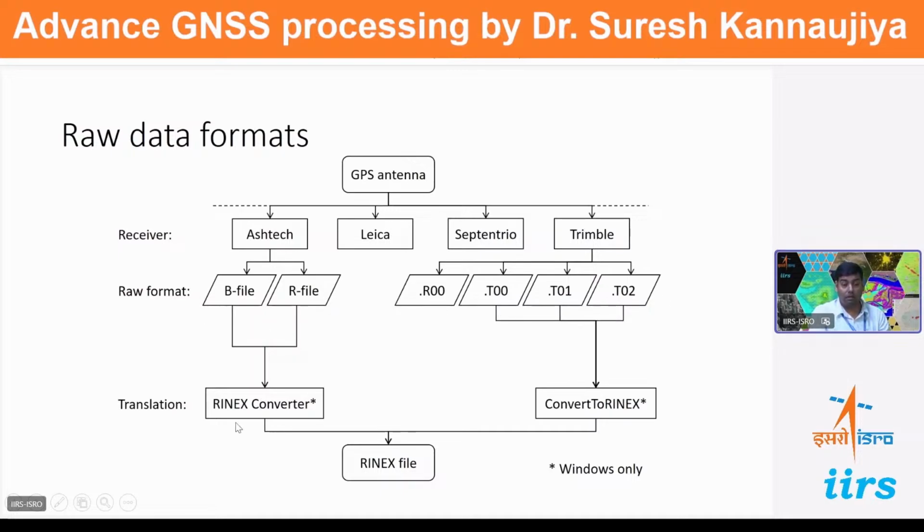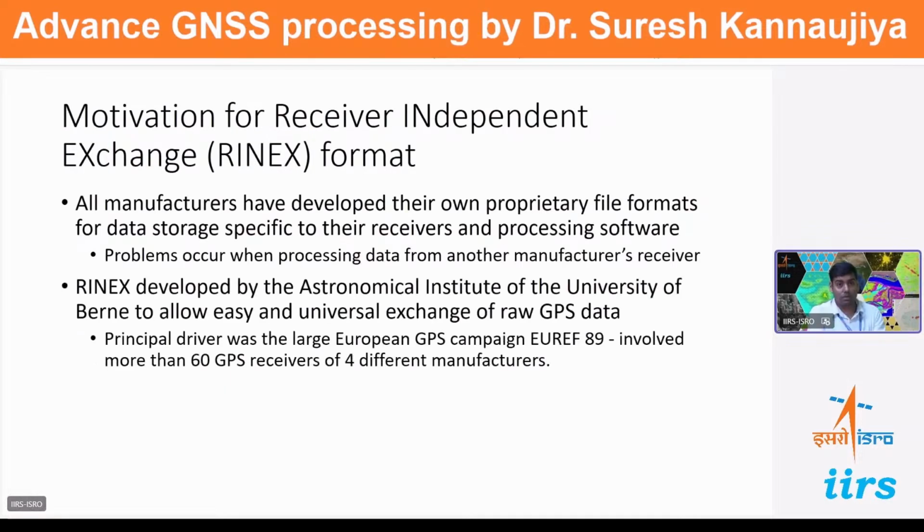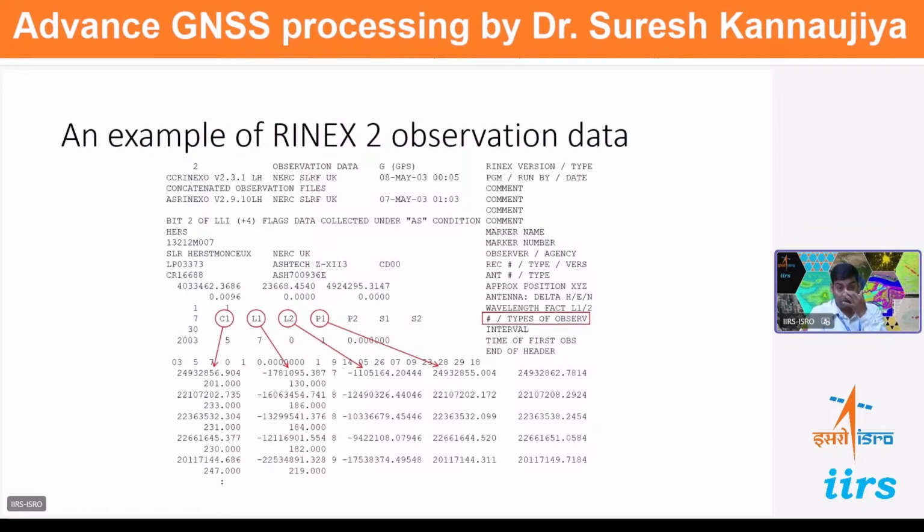Then we need a single format like RINEX, Receiver Independent Exchange Format. Once we have this text, this ASCII format, which is the standard, it can be used on any platform.